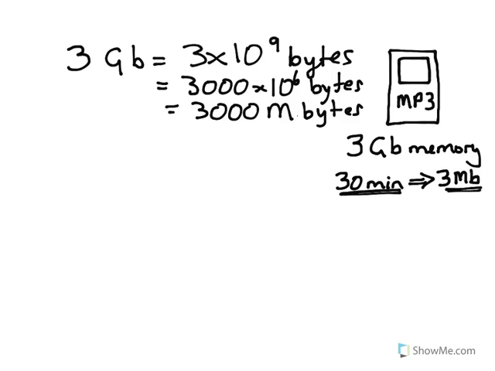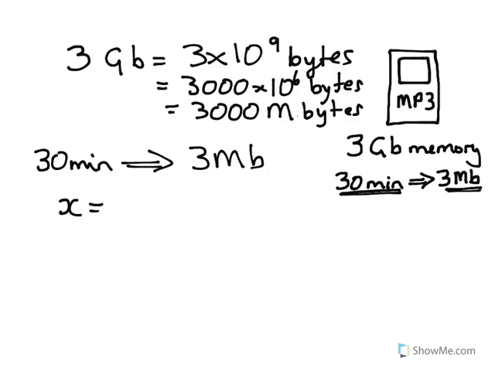But we also know that in 30 minutes we use 3 megabytes. So let's call the number of 30-minute periods x. x equals number of 30-minute periods.